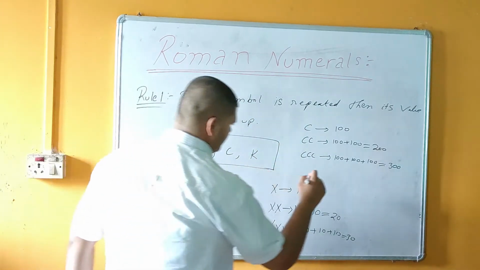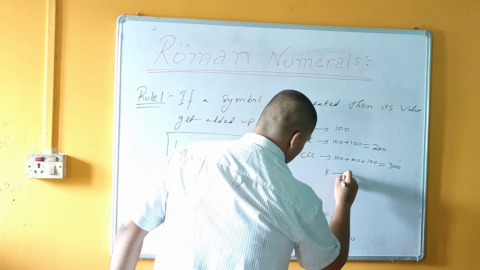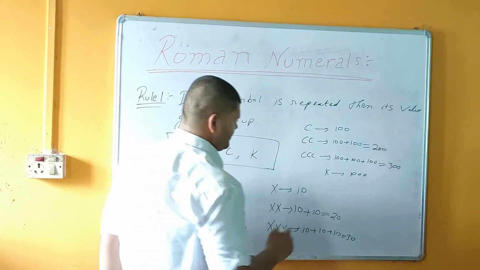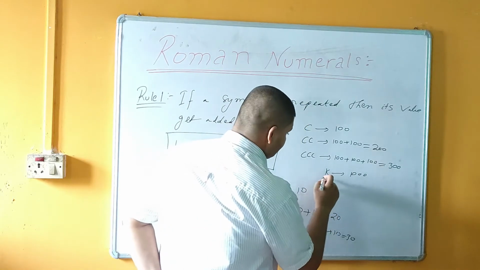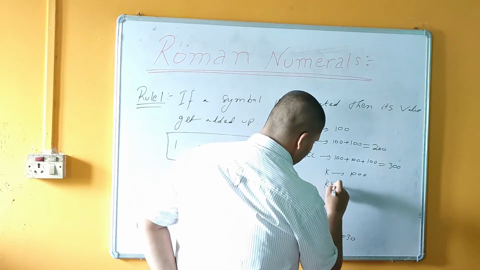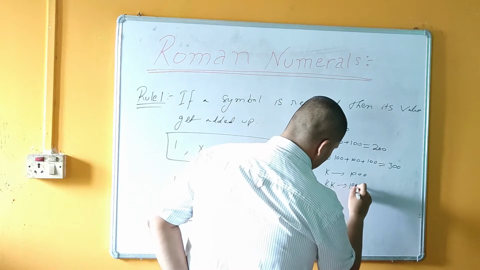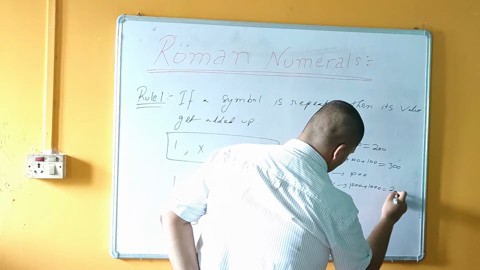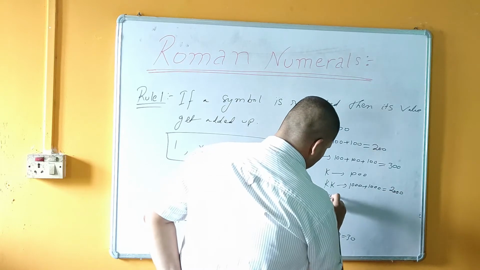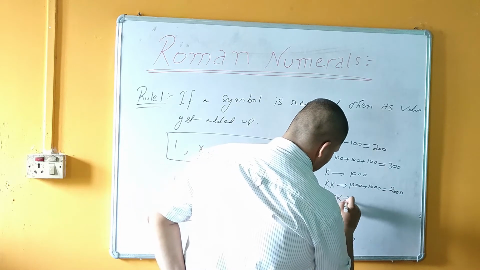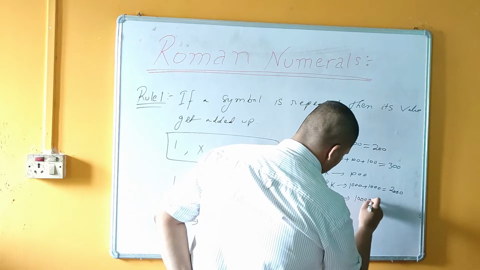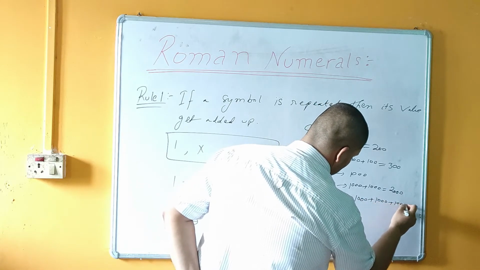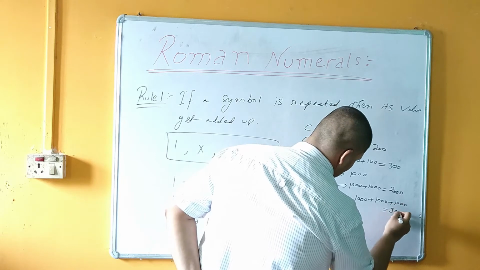And for K also, K represents 1000, as we know from the previous table. Double K means 1000 plus 1000, which gives 2000. And writing K 3 times, you have to add 1000 thrice, so it will give 3000.